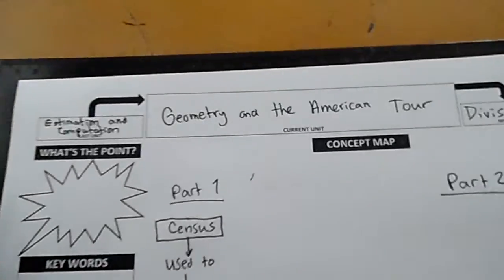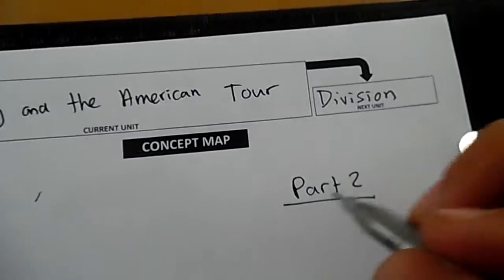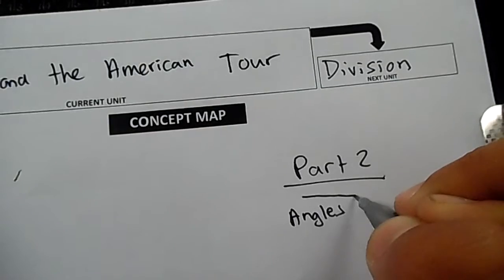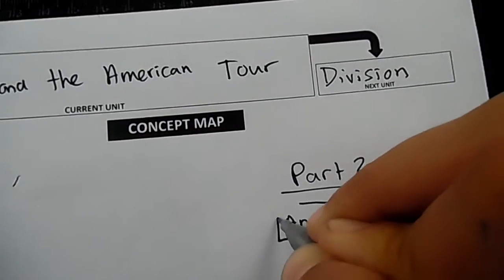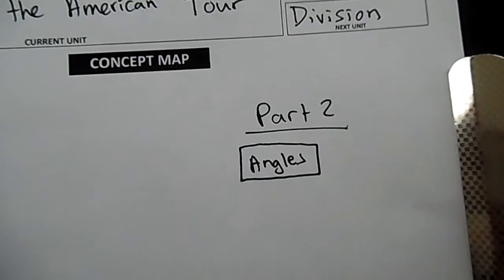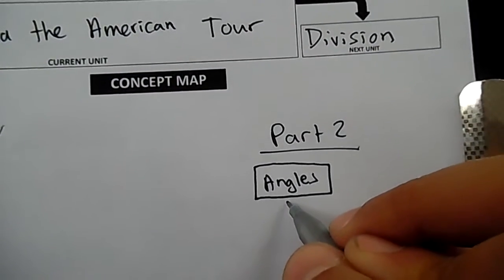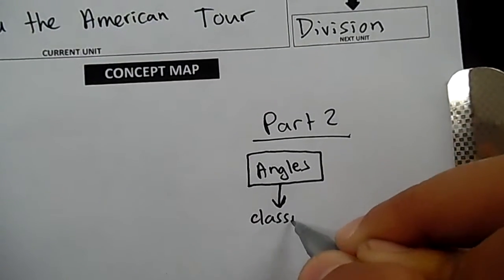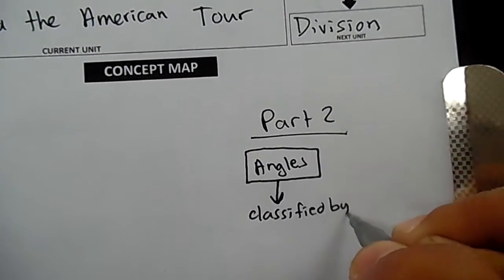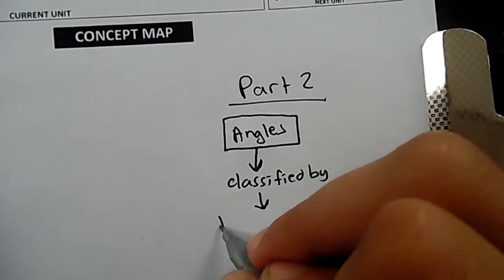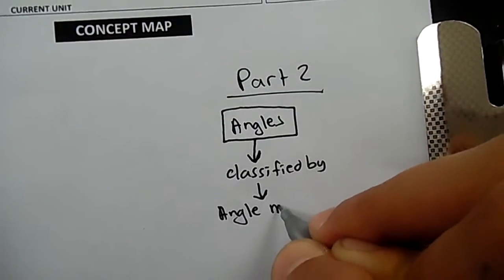Good. Now let's look at part 2, geometry. We're going to focus specifically on angles. Angles. Okay. So, we are going to classify them, or angles are classified by, classify meaning just separated into groups, angle measurement.